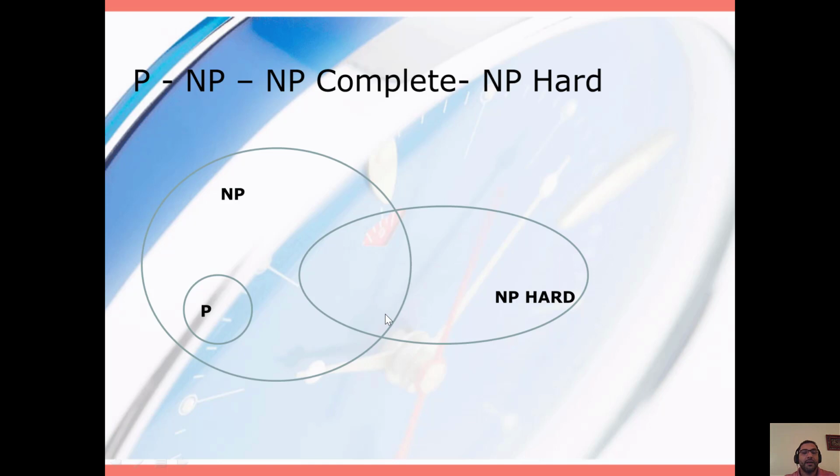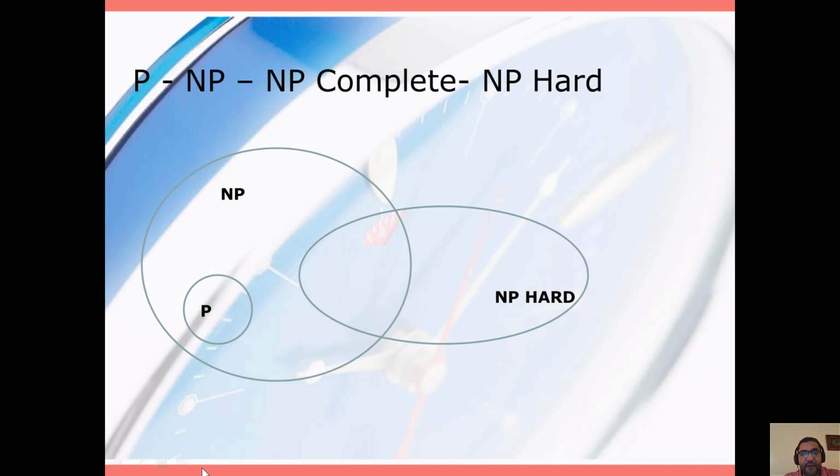That means if a problem is an NP-hard problem, all the non-deterministic polynomial problems are polynomial reducible to this NP-hard problem. That means this NP-hard problem is harder than or equal to any problem that is NP.